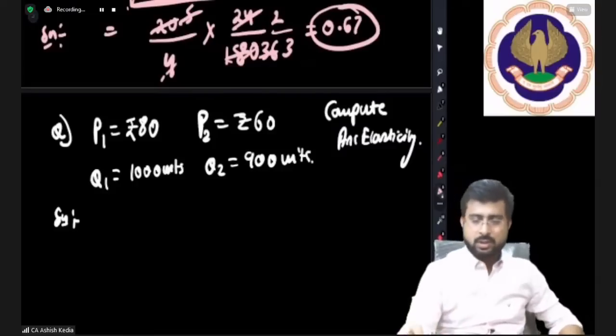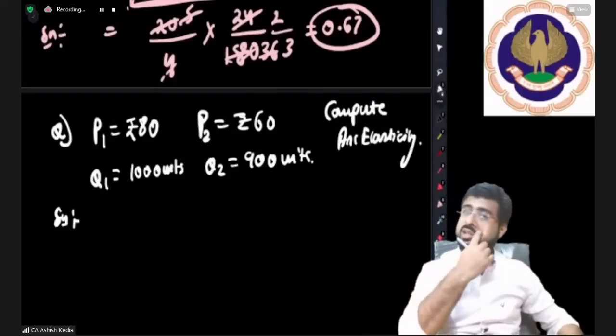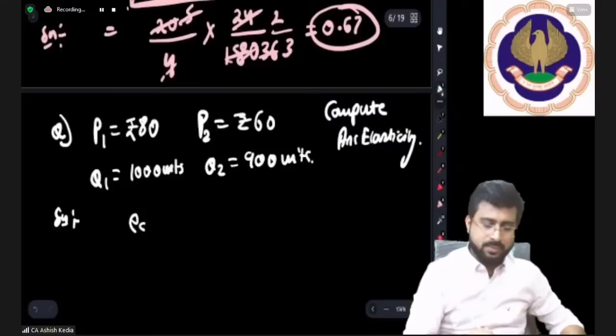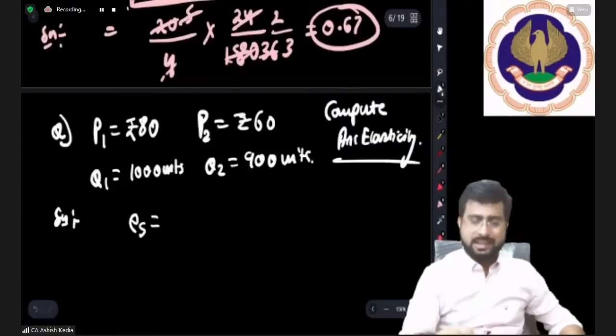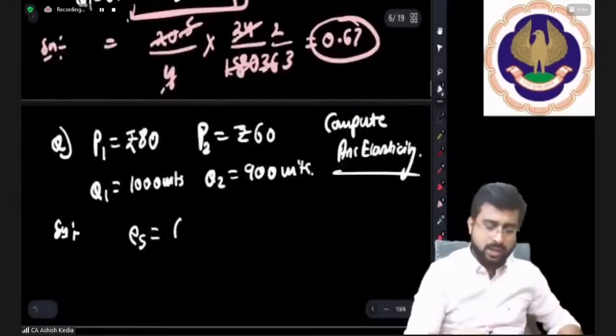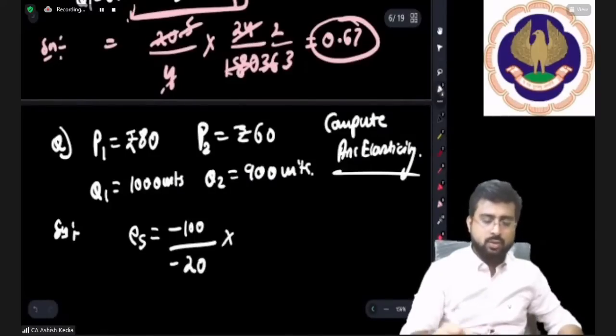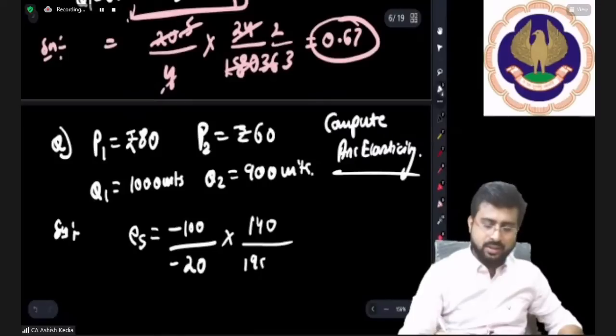Very good. I have already started getting good answers from you, friends. So let's see what is coming. Elasticity of supply here, because it's arc elasticity: change in quantity has gone down by 100 units. So I'll write minus 100 by change in price, minus 20, into sum of prices 140 by sum of quantity, that is 1900.